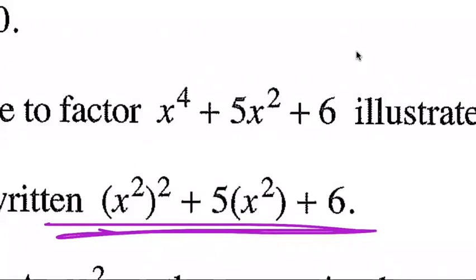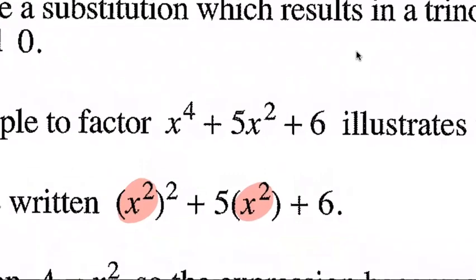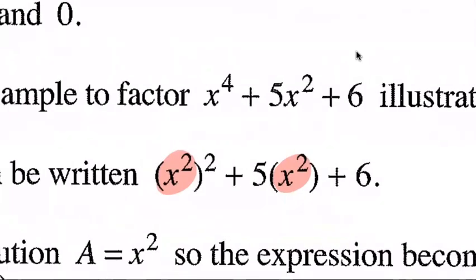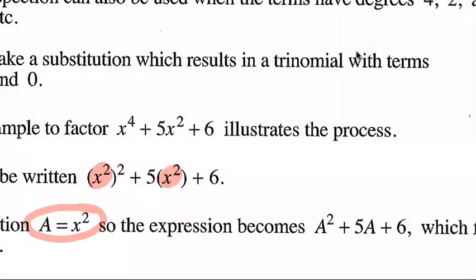So we just change it around a little bit. Now you can see that this x squared and this x squared are the same. So if we replaced that with something else, in this case, the book says, let's replace that with a capital A. That expression would now look like this, a squared plus 5a plus 6, which is nice and simple to factor.